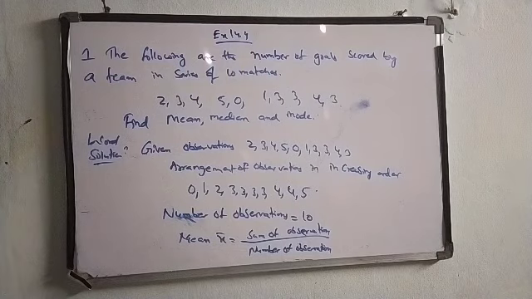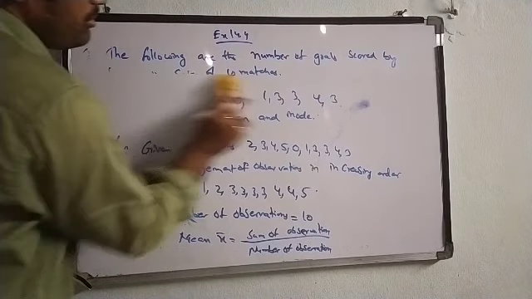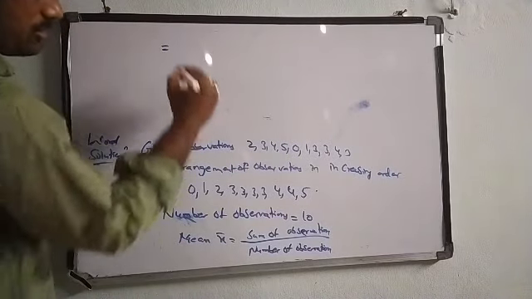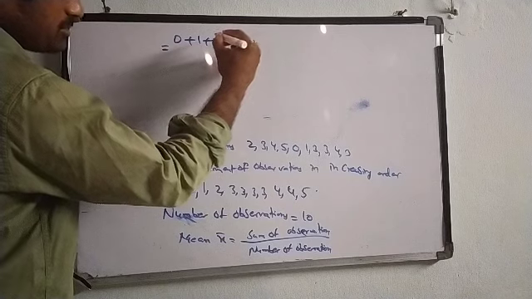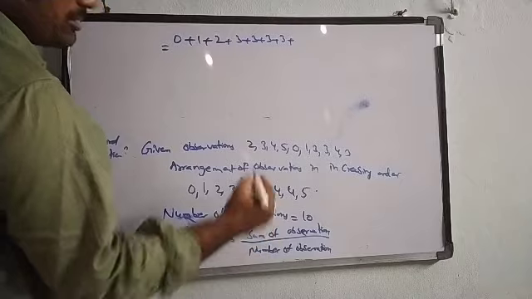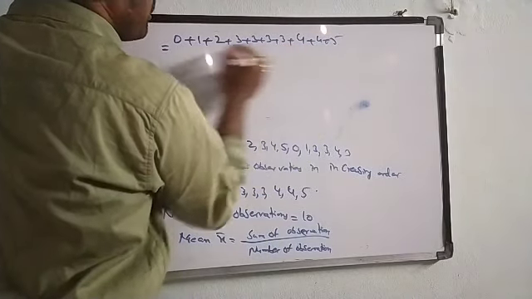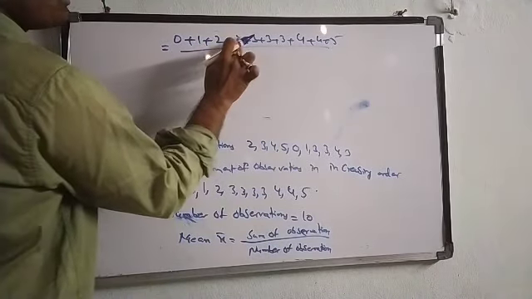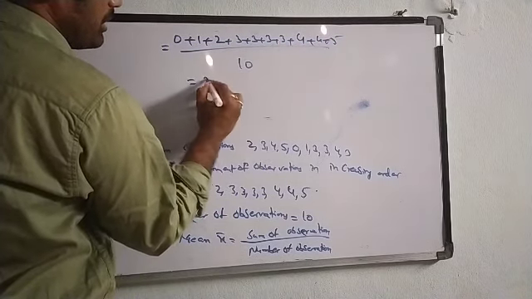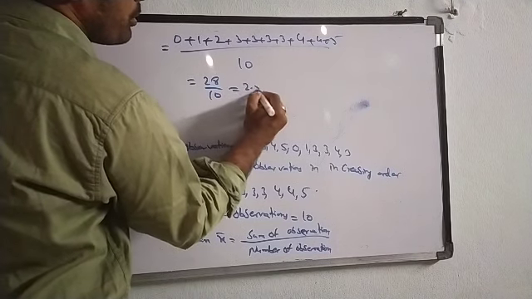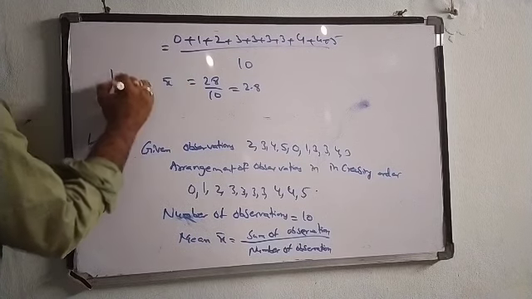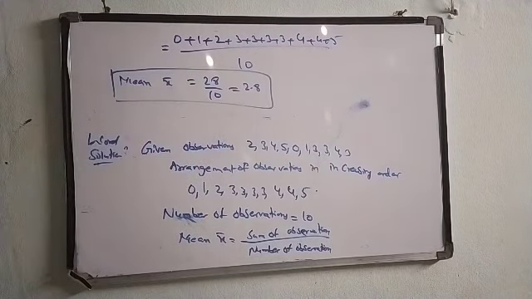So here the sum of observations is 0 plus 1 plus 2 plus 3 plus 3 plus 3 plus 3 plus 4 plus 4 plus 5, divided by 10. So 1 plus 2 is 3, 6, 9, 12, 15, 19, 23, 28. So 28 by 10, which is 2.8. So that is the mean, which is denoted by x bar. So the mean answer is 2.8.